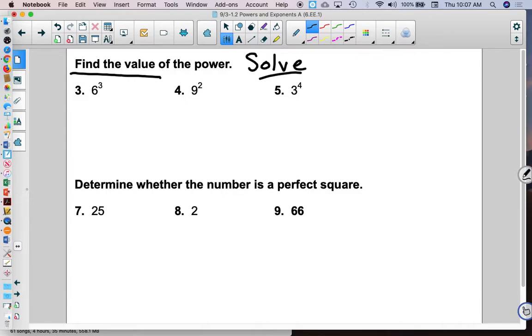You sure can. But what are you going to do to show me that you know what you're doing? You're going to expand it, just like this, and then you're going to use the calculator. And go ahead and do 3, 4, and 5, please.